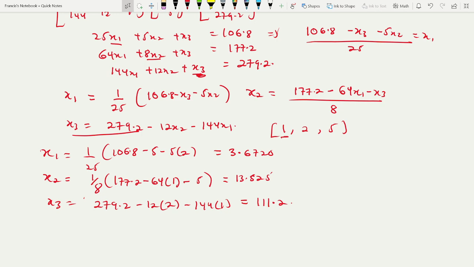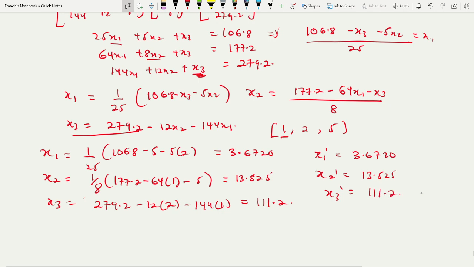So now my new set of solutions after the first iteration: x11 is equal to 3.6720, x21 is equal to 13.525, then x31 is equal to 111.2. So right now these are the new set of values I have.